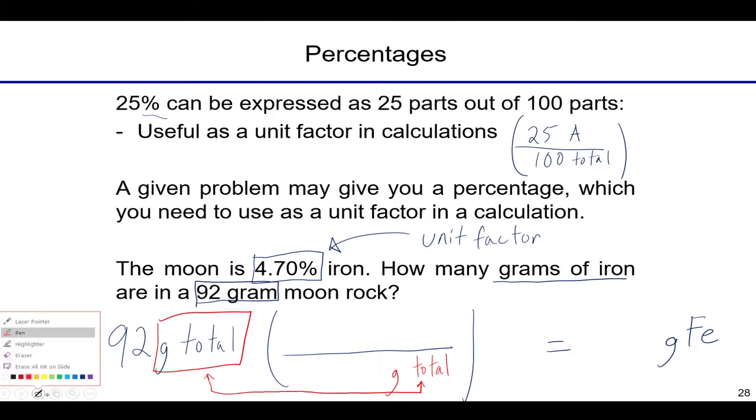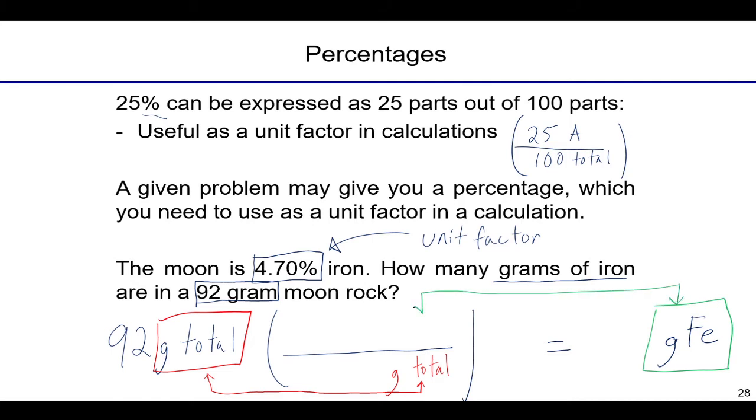And we also learned that if it's a one-step problem, which this will turn out to be, whatever unit is here can go right here in the numerator. Because just like numbers, a unit, grams total, divided by itself, grams total, goes away and cancels, right? And this unit is what we want to be left with. So now let's think about this 4.7% iron.